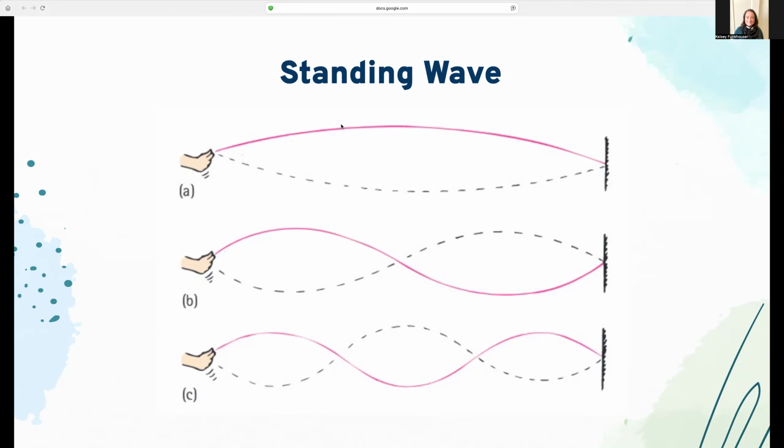And it looks like the wave just stands still. But what's happening is, like what we saw, it's bouncing off and reflecting. But it's at such a frequency that it really just looks like we have one wave bouncing up and down. I'll show you a video of this in a moment, but I want to talk a little bit about standing waves first.